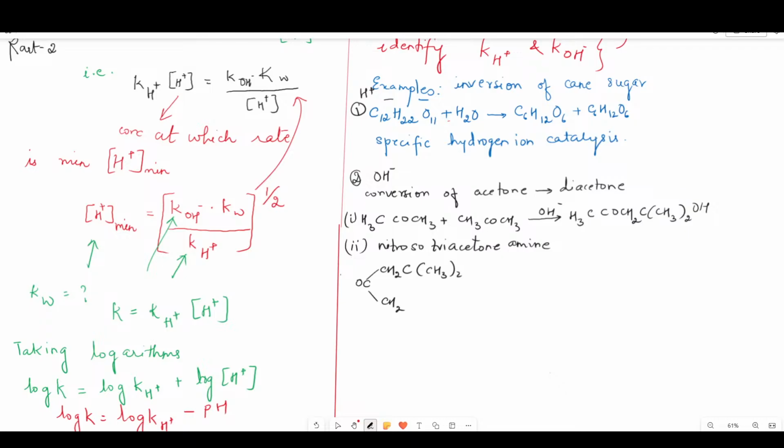CH2 C CH3 twice, N, NO. These are all bonded. I'm showing it with only one bond. There may be double bonds present.